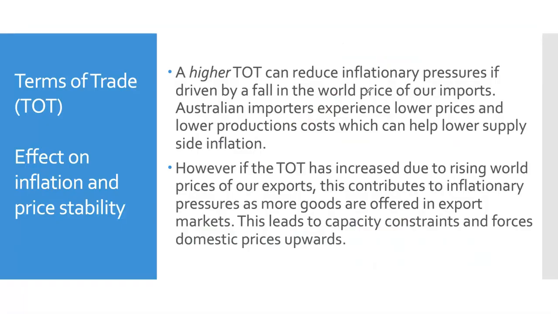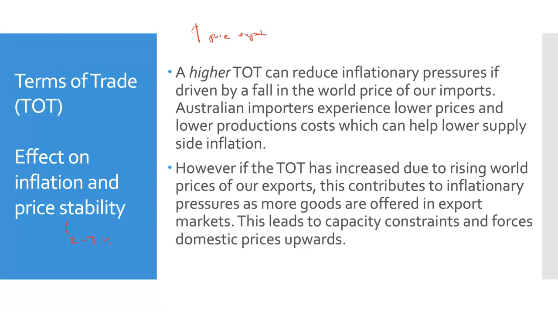Now, how does terms of trade impact inflation? We have a goal of price stability of maximum 2 to 3% inflation, which means that we're going to have a sustainable economy. A higher terms of trade can reduce inflationary pressures if driven by a fall in the price of our imports. So remember, higher terms of trade might not be because we've had increased price in our exports.